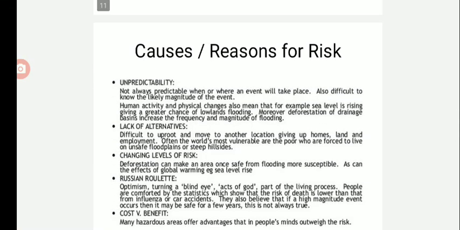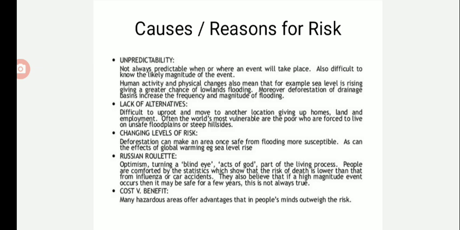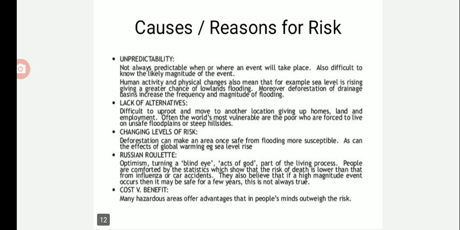Then causes and reasons of the risk. Why the unpredictability? Some disasters come very suddenly. In 2012, in the tsunami, we didn't know the tsunami would come.